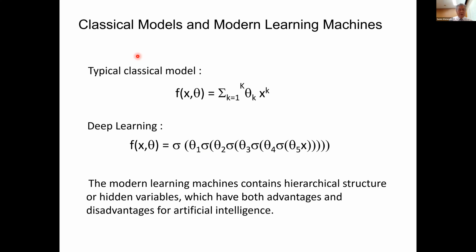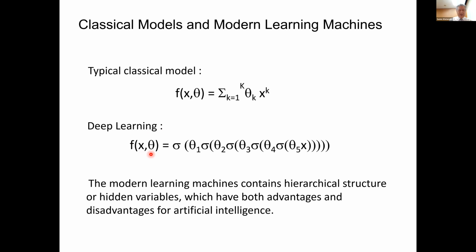So this slide explains the classical models and typical modern learning machines. The typical classical model is given by this equation. Here, f of x with parameter theta is equal to the linear sum of theta k and xk, where xk is a polynomial. Deep learning is given by this equation.